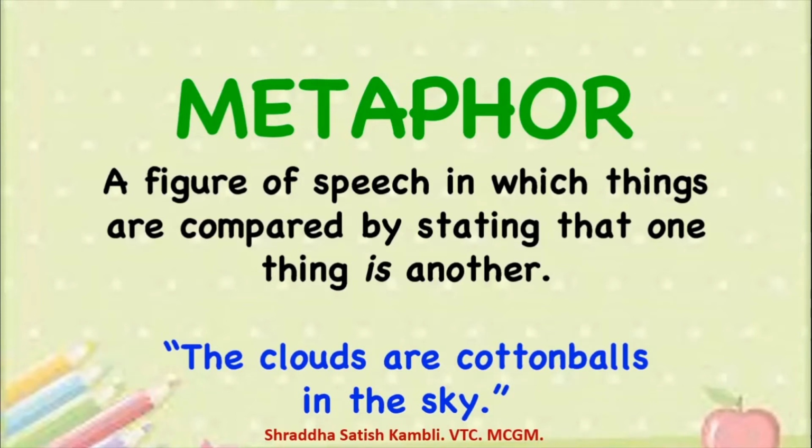You have compared the clouds to the cotton balls, but you're not saying like, you're not saying as. You're directly saying that the clouds are cotton balls in the sky. Does it actually mean that clouds are balls of cotton? No. That means we are comparing the clouds to the cotton balls. That is why we say it is an example of a metaphor.